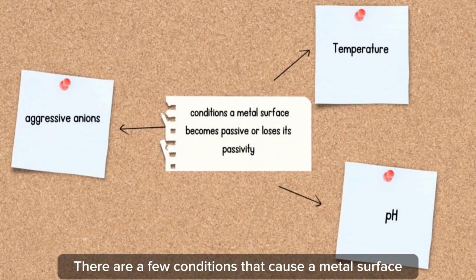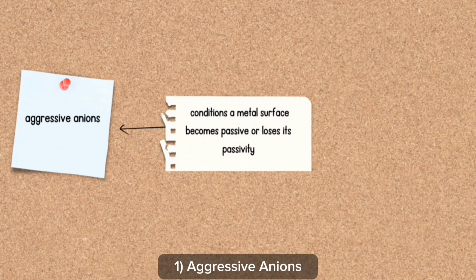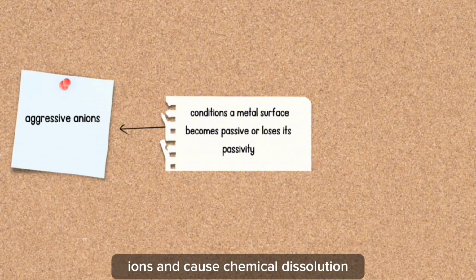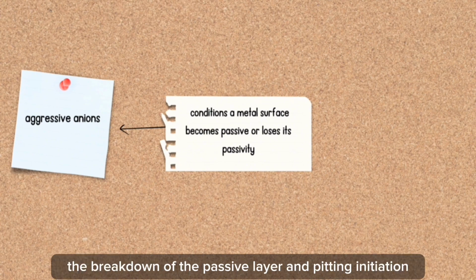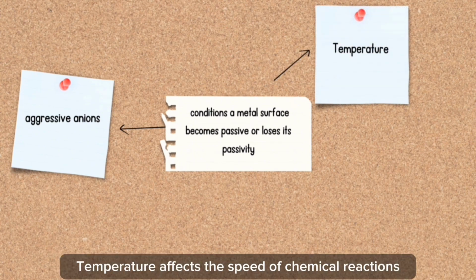There are a few conditions that cause a metal surface to become passive or lose its passivity. 1. Aggressive anions. Adsorption of aggressive anions can react with metal ions and cause chemical dissolution, and more aggressive anions cause the breakdown of the passive layer and pitting initiation. 2. Temperature. Temperature affects the speed of chemical reactions.